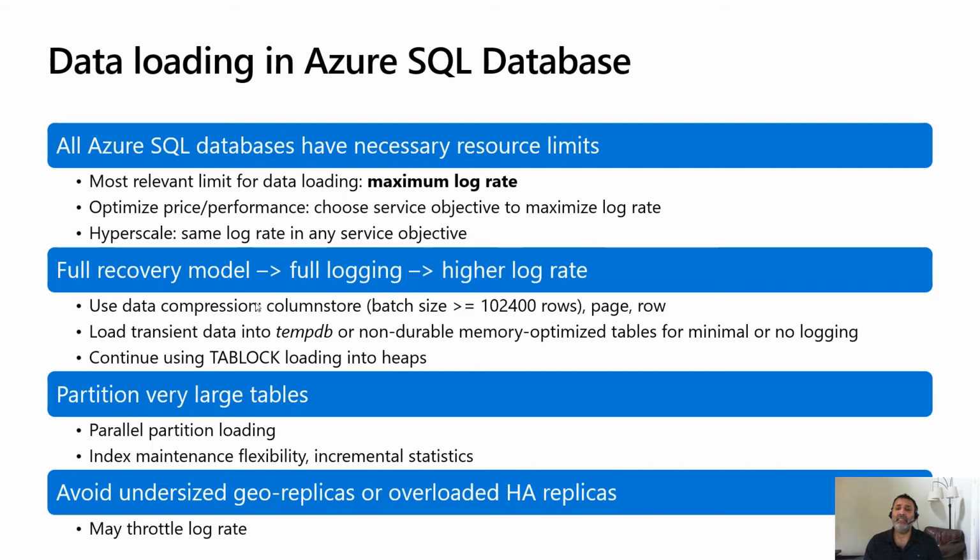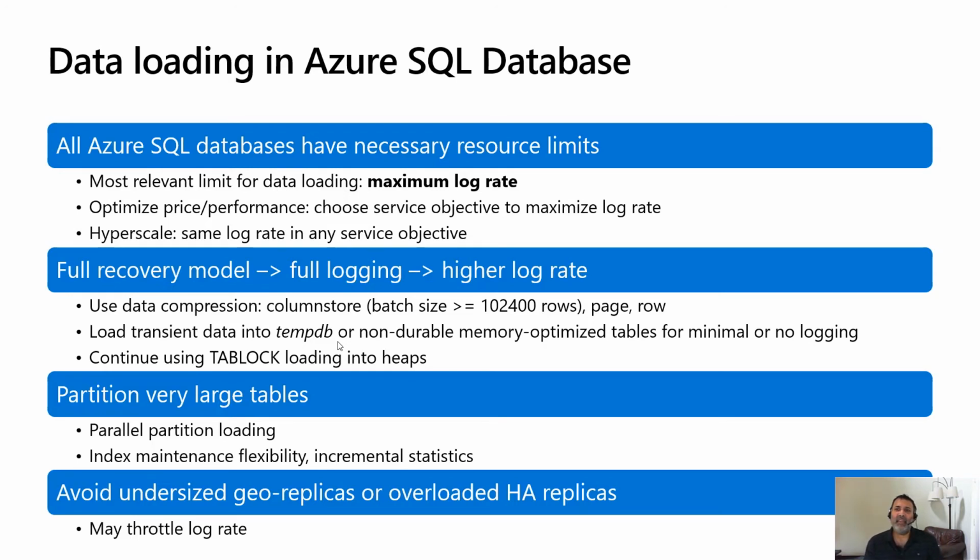So things that help in maximizing this log generation rate are data compression, using column store, or even row store data compression. Using larger batch sizes in some ways, or bulk insert, and then loading transient data into temp DB or memory optimized non-durable tables so that they're not logged.